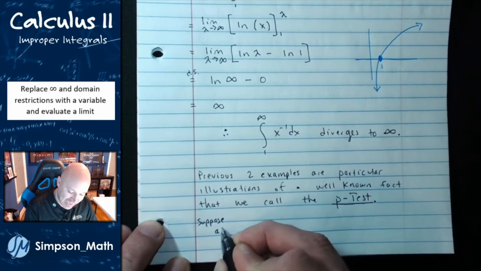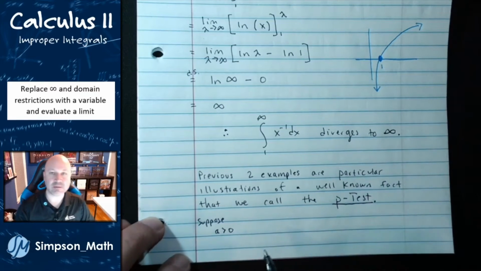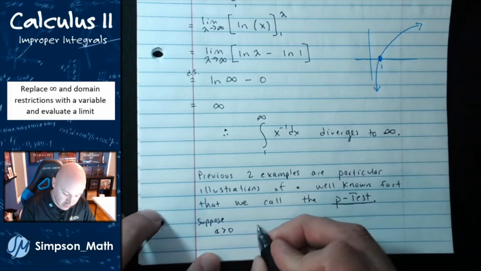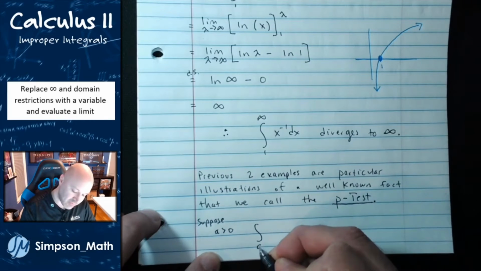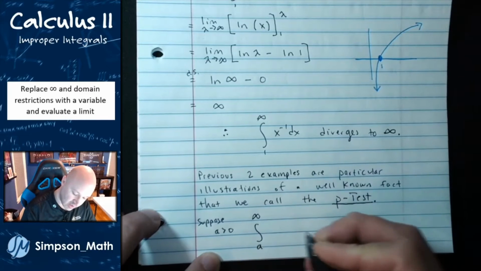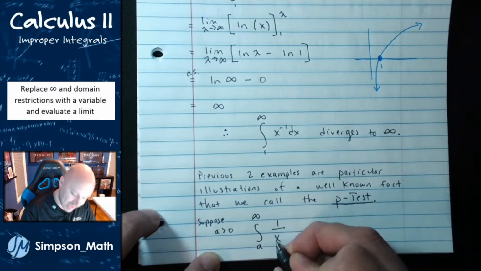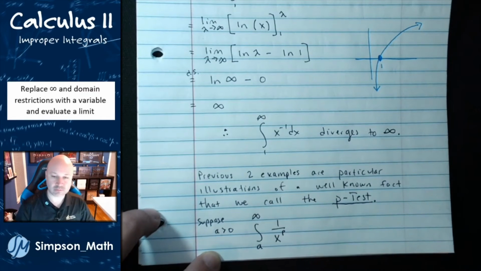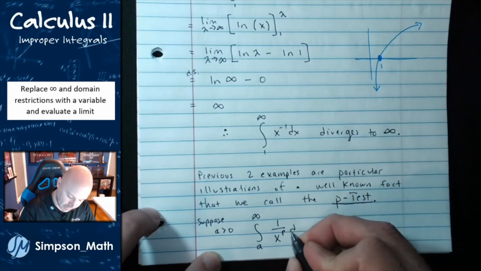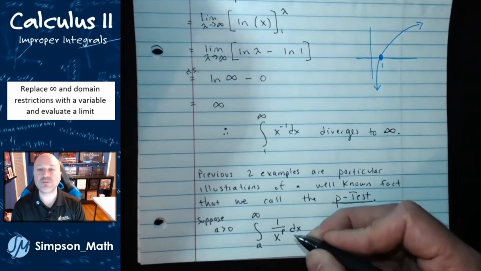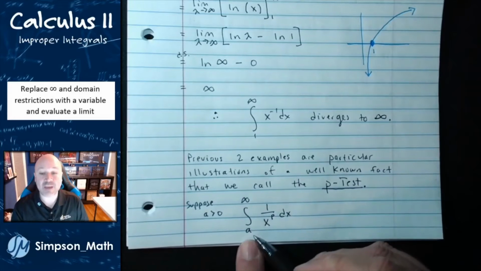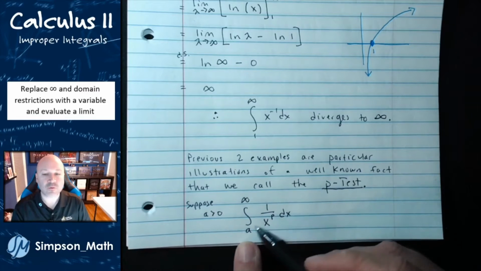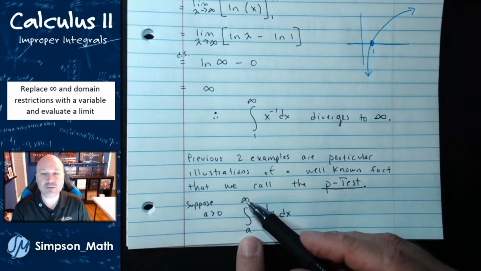suppose you have some a value that is positive, and you're integrating from that a value to infinity of 1 over x to some power. This is what we just did two of. Our a in both of those examples was 1. So we had some positive number out to infinity.